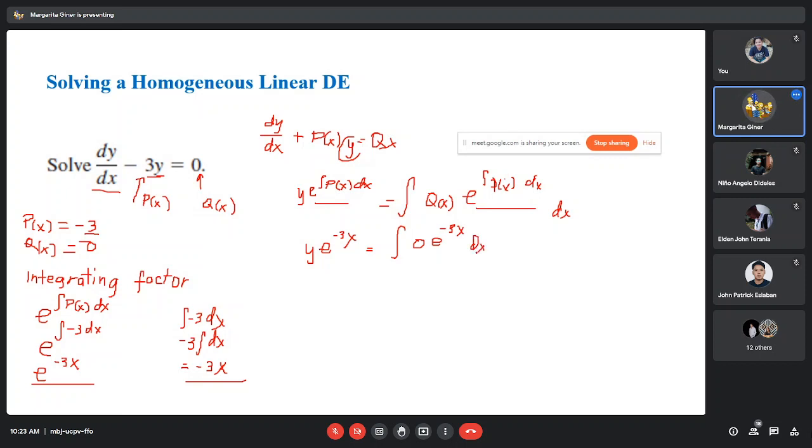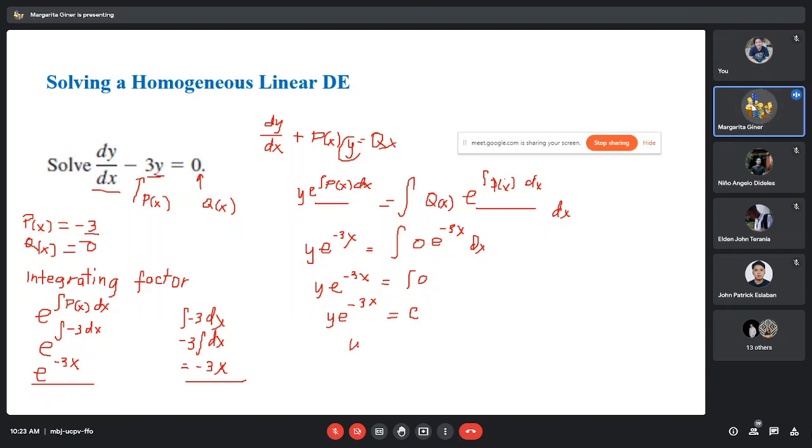So we all know that all number multiplied by 0, the answer is 0. So that's why you have here y e raised to negative 3x is equals to 0 na ni siya. So busilingon, the antiderivative of 0 is wala siya. So busilingon, plus c na lang nada siya. So this will become y e raised to negative 3x is equals to c. Kaya plus c ka mo, so c na lang nada siya nabilin.